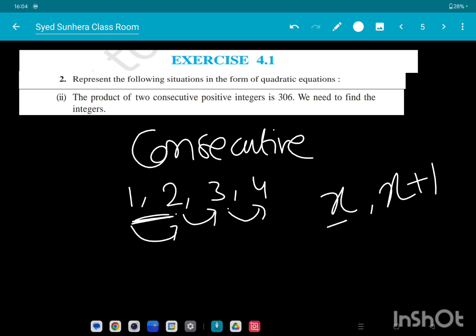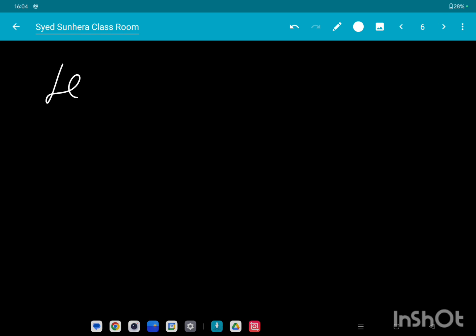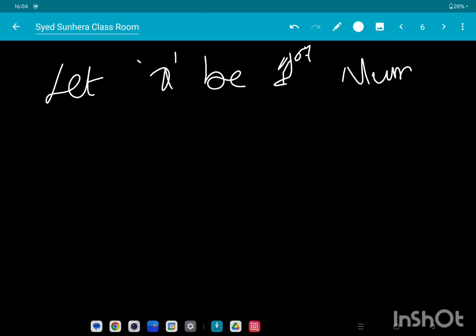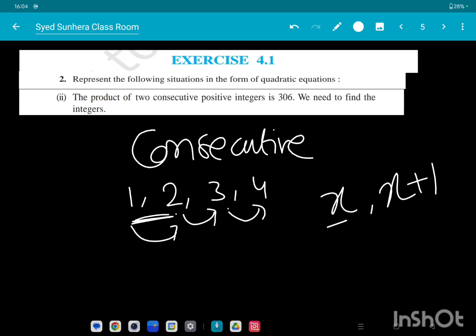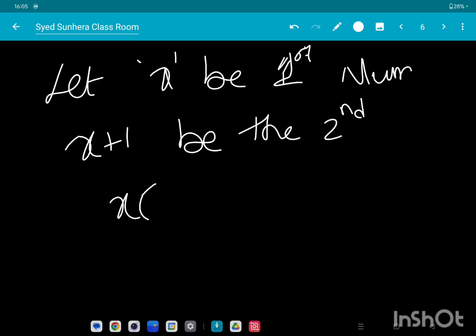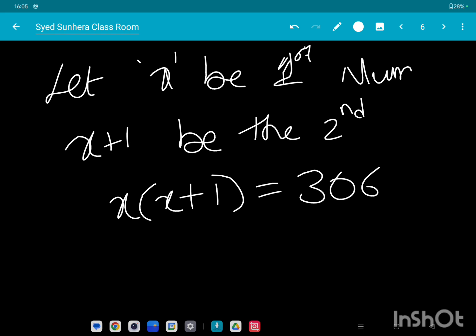So let us assume, I will write it here, let x be the first number, then x plus 1 be the second number. Now it was given product of two consecutive positive integers is 306. Product means x into x plus 1 is equal to 306. It was given the product of these two numbers is 306.